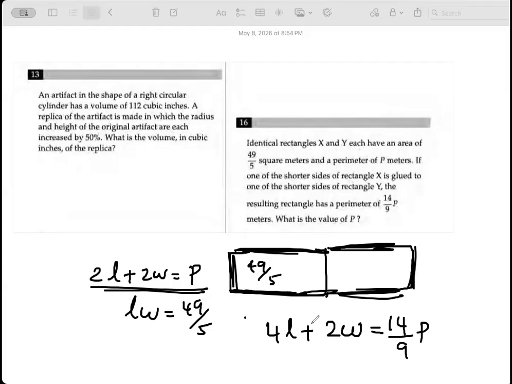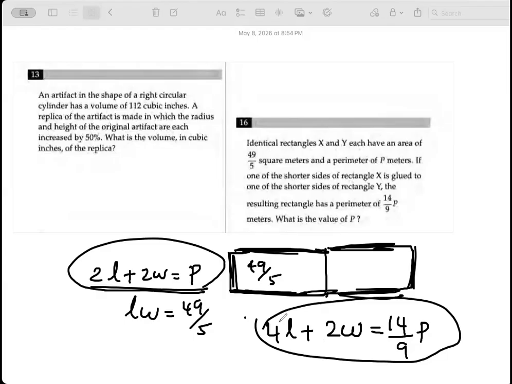Now, if you subtract both, what do I get? You have two equations, right? If I subtract this from this, then only I'll have a positive value. So 14 by 9 P minus P will be equal to 2L. That will be 5P by 9 equal to 2L.